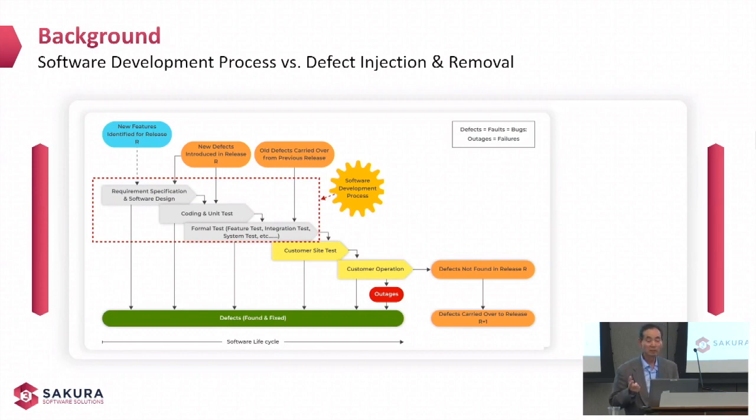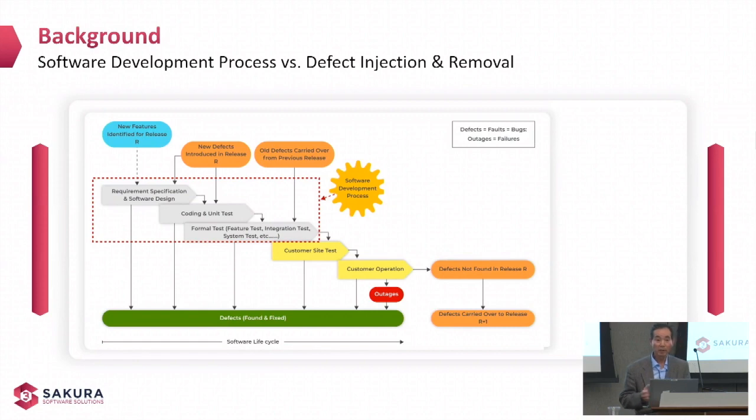There are many different types of testing: integration test, feature test, system test, stress test, stability test, and so on. Once the bulk of the features are developed and tested, we deliver to a site for customer testing, including acceptance test. And once all the features are done and all the bugs are fixed, we make the final delivery for deployment.